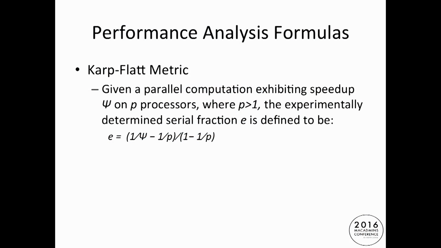Again, these are just simple formulas you could use to actually determine, okay, I've got this program, this is happening for speeds. How much is the serial fraction? How much do you think a parallel program is actually parallelized? It's only roughly about 25% of the program. Most of it's serial. That's a pretty bad number.